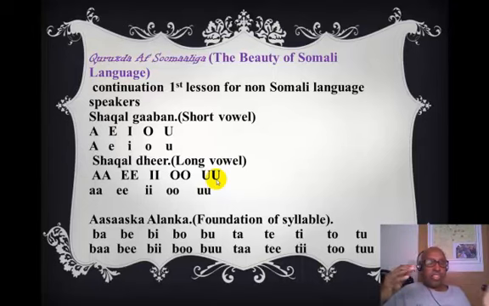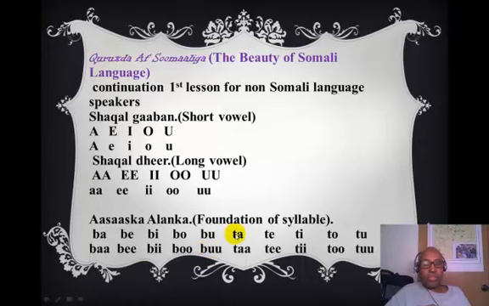It means a combination of a consonant and a vowel, like this. So it goes ba, be, bi, bo, bu. That's with the short vowels. The long vowels will be ba, be, bi, bo, bu.